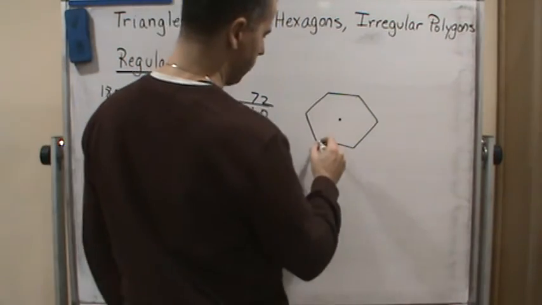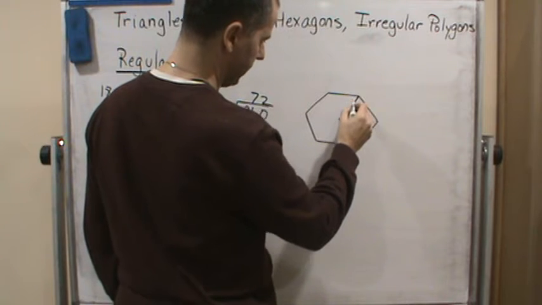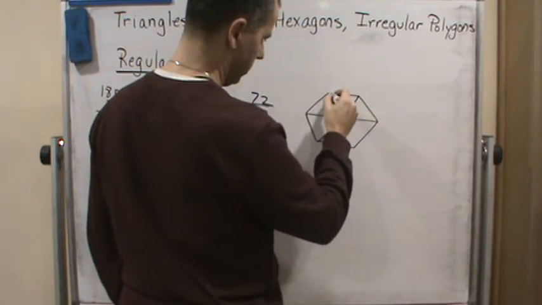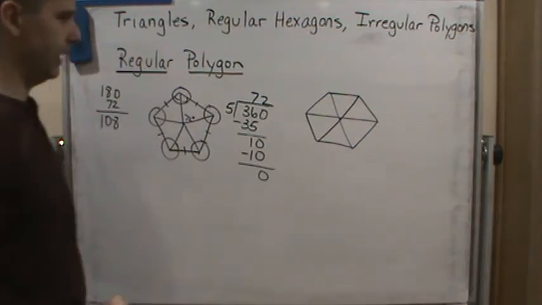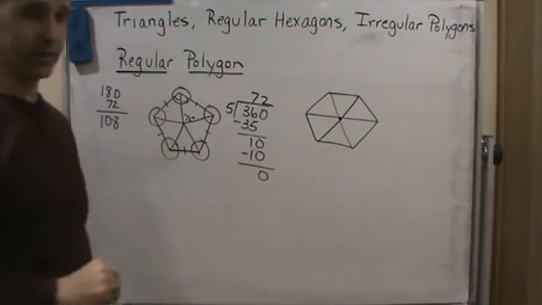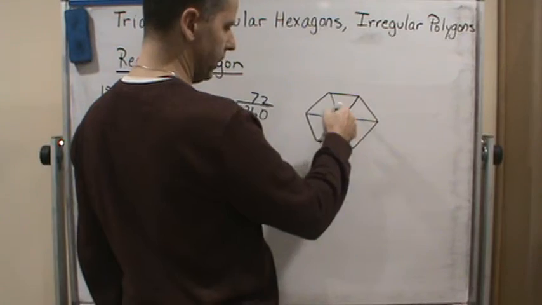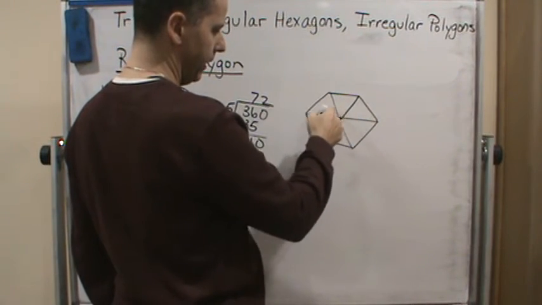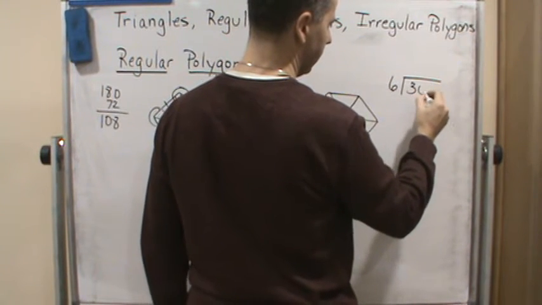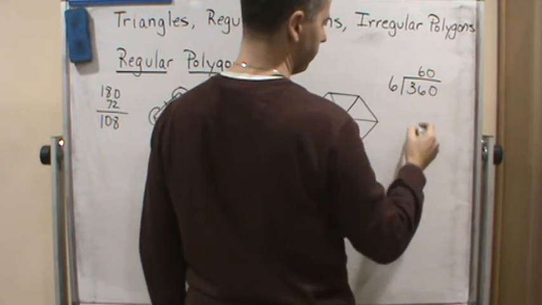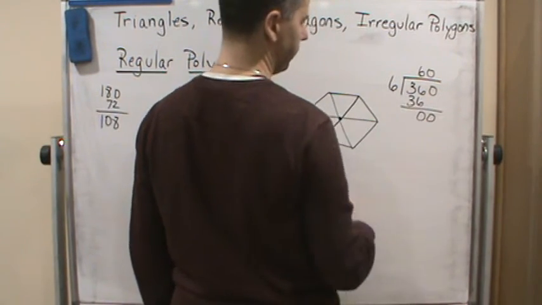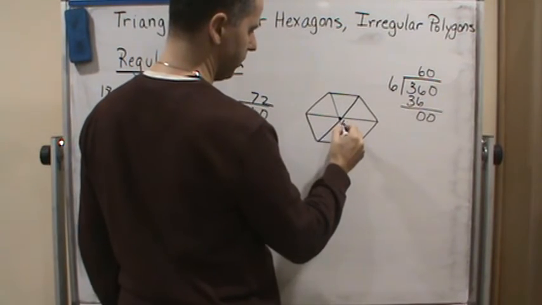So now I'm going to draw a diagonal like so, right through the middle. Now I have 6 triangles. And again, the angle in the middle has to add up to 360. So now this is where I get 60 degrees, right? So each one of the interior angles is 60.